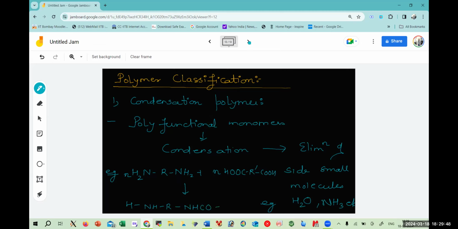This is your amide bond. R dash COOH. This is your chain.